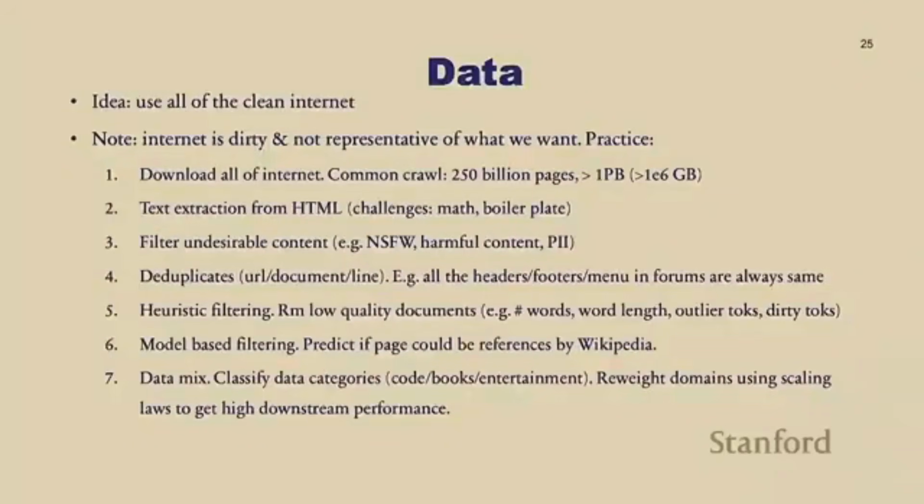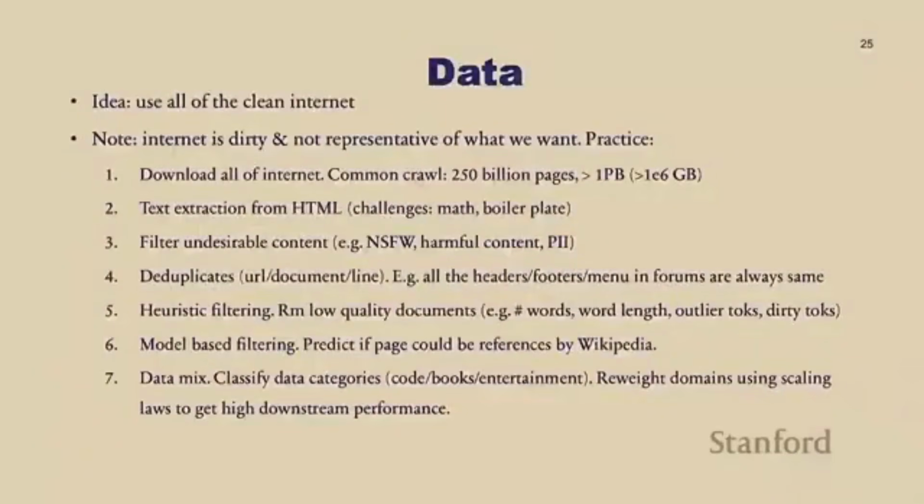Next one, you will try to classify your data into different domains. You will say, okay, this is entertainment, this is books, this is code, these types of domains. And then you will try to either up or down weight some of the domains. For example, you might see that if you train more on code, your model becomes better on reasoning.